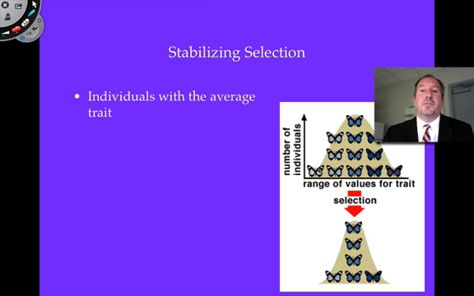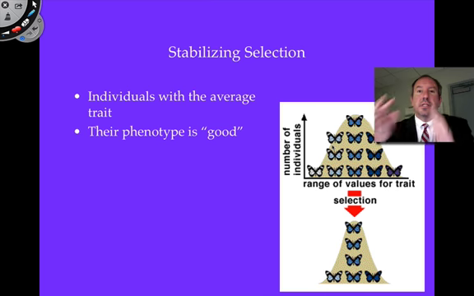So it eliminates the extreme individuals. So individuals that are average, if you will, are successful. So that's the good phenotype. And so over time, our bell-shaped curve kind of squishes, and so it's kind of pokey. So that's one of the effects.